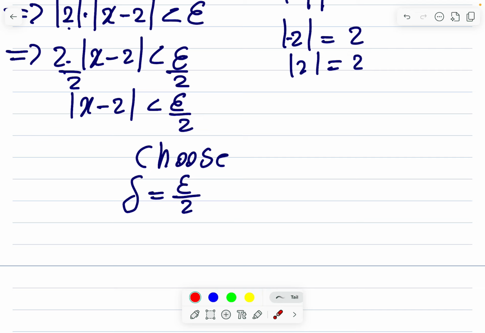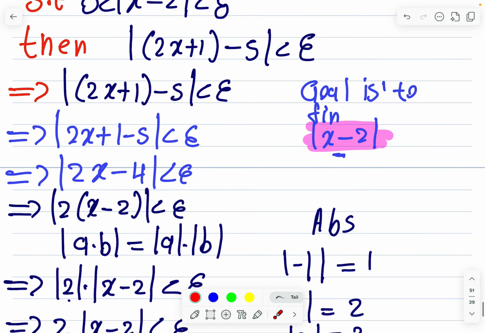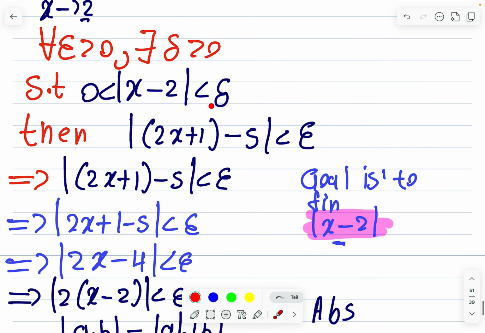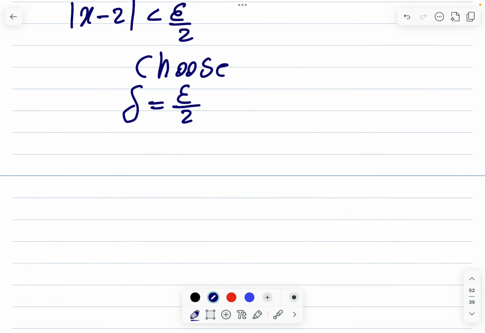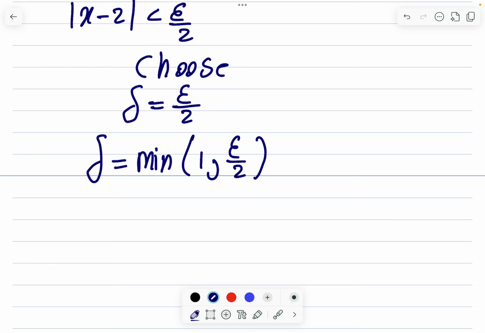You are going to choose this, epsilon equals that. The last point you are going to say is epsilon equals the minimum of 1 and epsilon over 2. That's how you can show that.